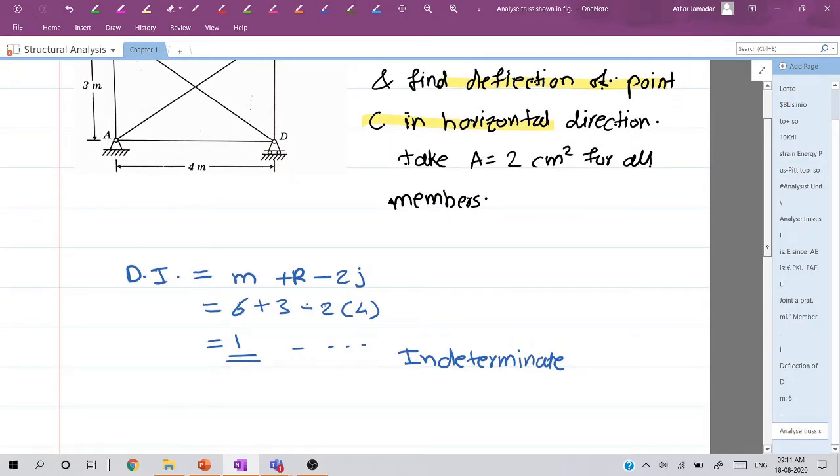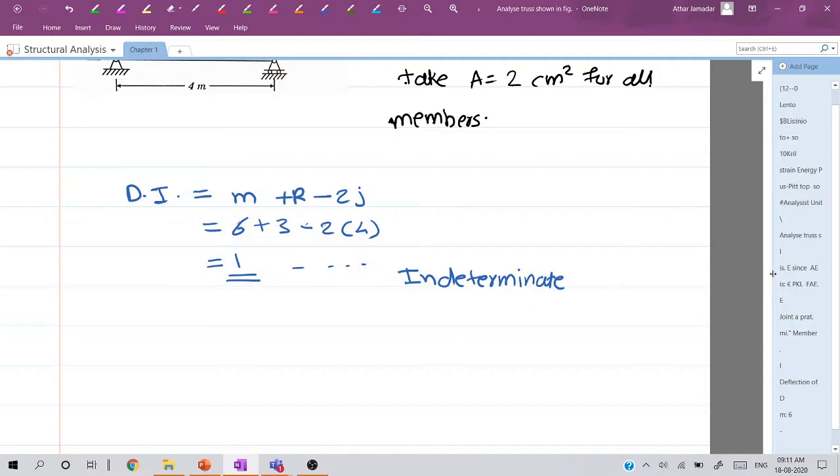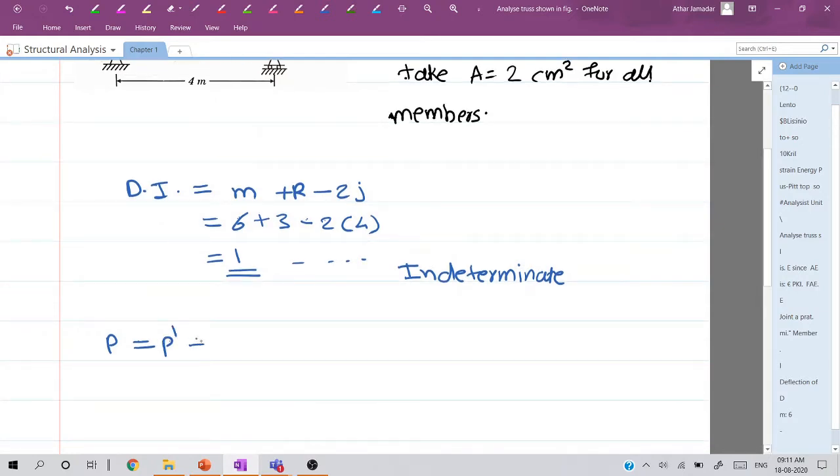Now we will see how to find the forces in each member of an indeterminate truss. For finding the forces in each member of the truss, let us say P is the total or final force in the member of the indeterminate truss, which is denoted by P' plus K' into X. I am deliberately using this P' and K' notation here, and you are going to see why very soon.